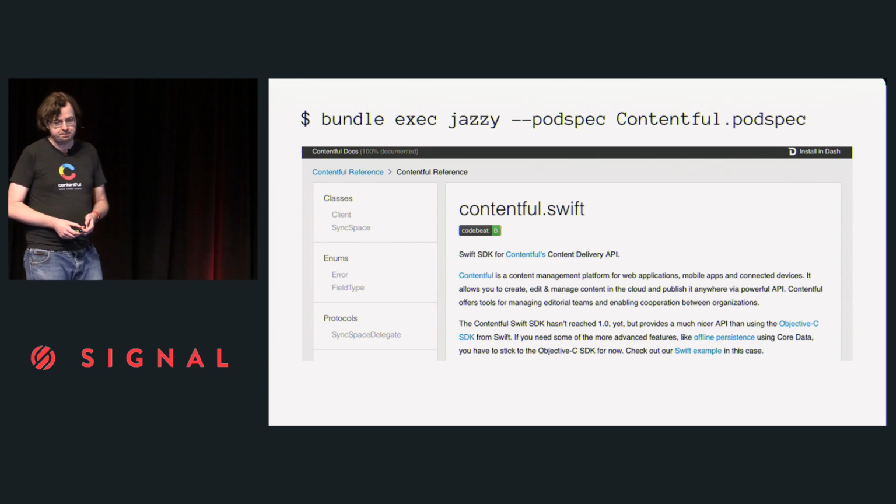There's a tool called Jazzy, which you can use to create HTML from your code comments, and this is also used by CocoaDocs, which is a hosted documentation system that you probably know about if you use CocoaPods, and this is used for Swift libraries to generate this nice HTML from the documentation. At the top left, you also see the percentage of documentation, and you should really make sure to make that 100% for the public API.